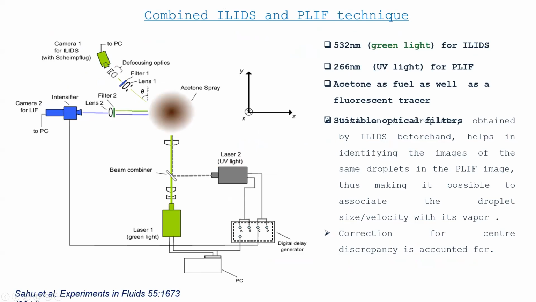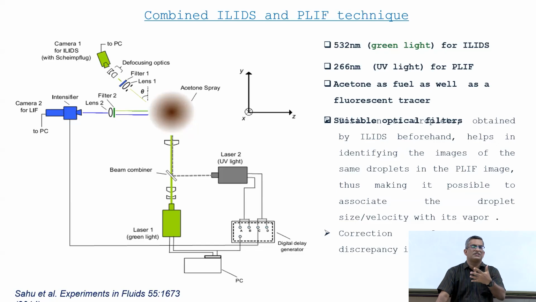When we said measurement of carrier phase, we only focused on measurement of carrier phase velocity. But in many applications we may have to measure other properties of the carrier phase. For example, carrier phase temperature or carrier phase composition.